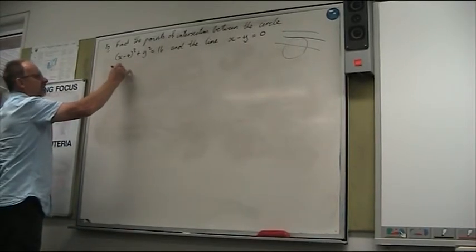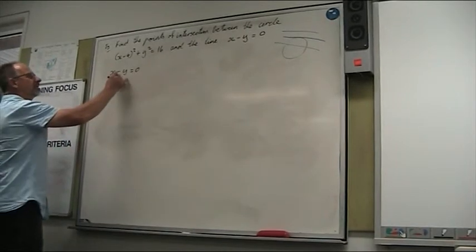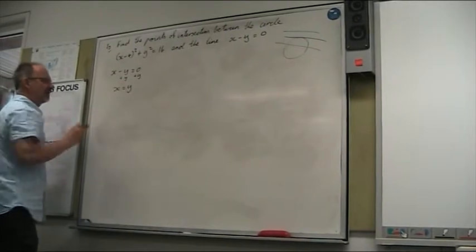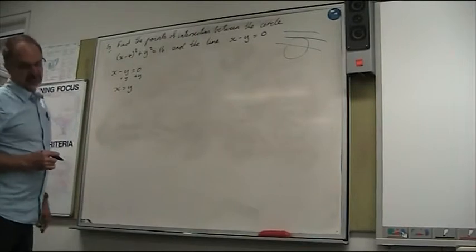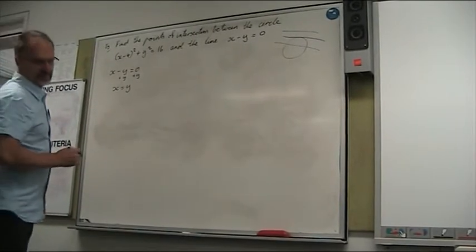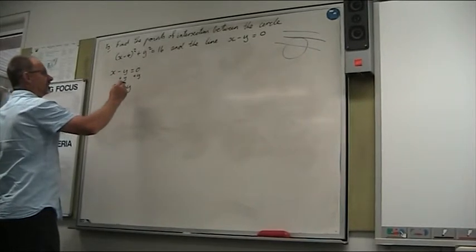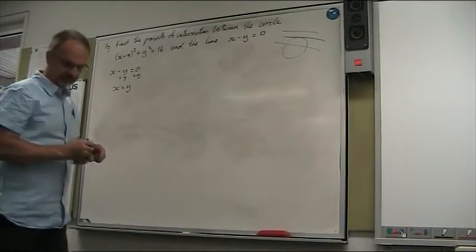So if x minus y equals 0, we then add y to both sides, we get that x equals y, and so then we would substitute that in. So if x equals y, what I'm going to do is substitute that in up here.